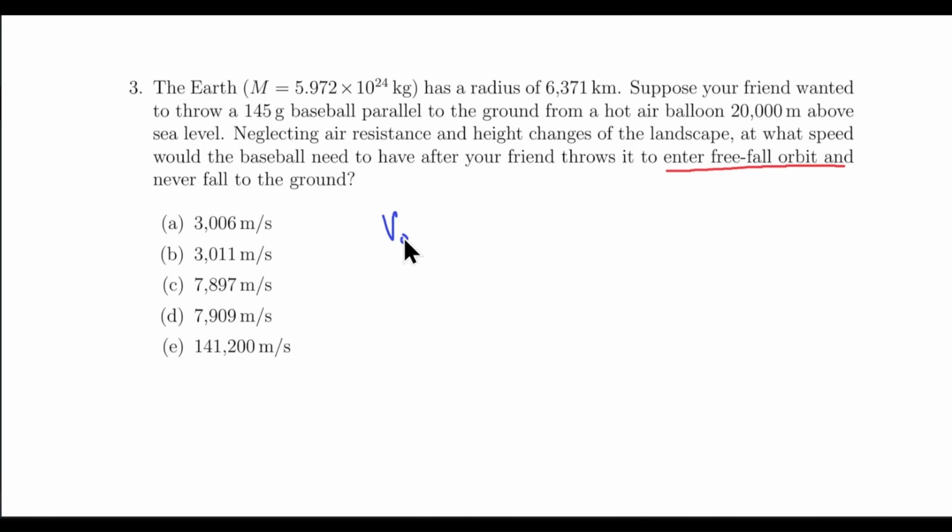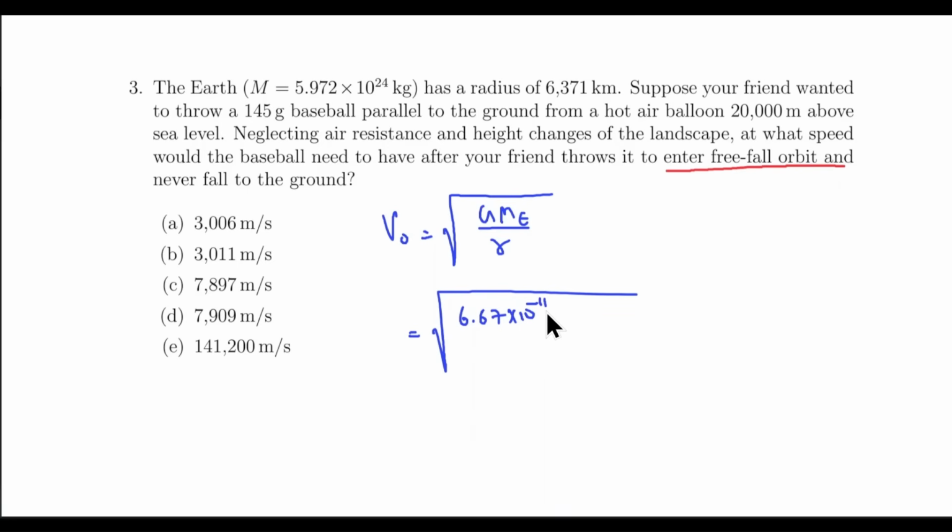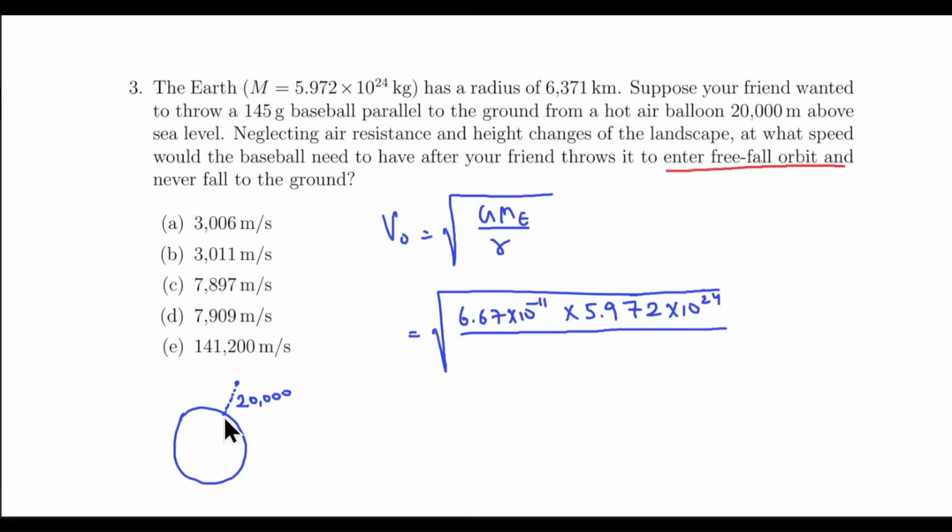And what is the formula for the orbital speed? That's just the square root of G M_E over r, because in this case we have Earth. So all we need to do is plug in G as 6.67 times 10 to the negative 11. The mass of the Earth is 5.972 times 10 to the 24. Just be careful with r, because the baseball is somewhere above sea level, 20,000 meters, and we have to take the radius of Earth into account as well, because the distance is always calculated from the center of the Earth.